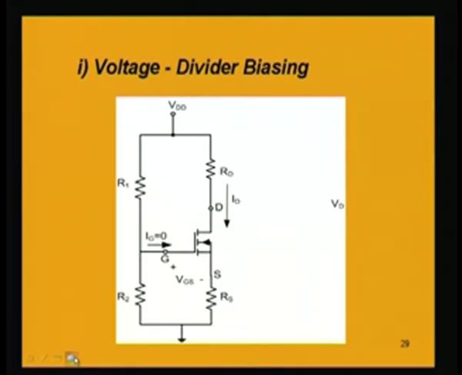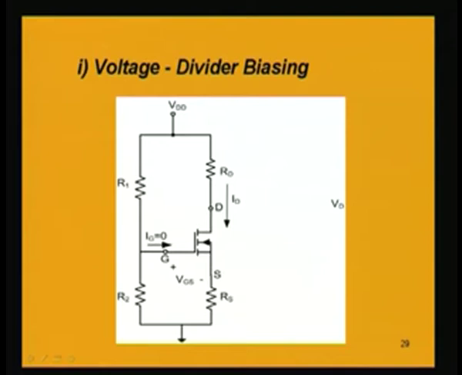So, here there are two resistances given by R1 and R2, and there is a drain resistance RD and a source resistance RS. This is the ground, and VDD is the biasing voltage.